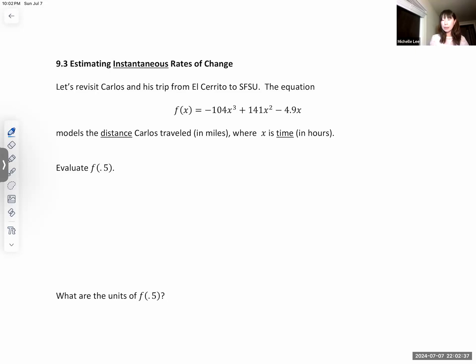The equation is f of x that models the distance Carlos traveled in miles, where x is time. So this is distance, right?